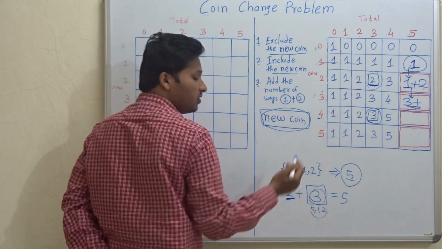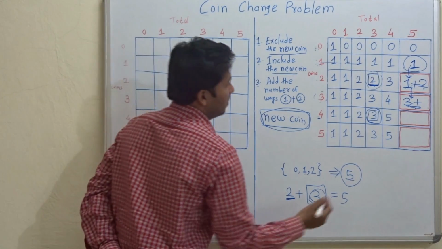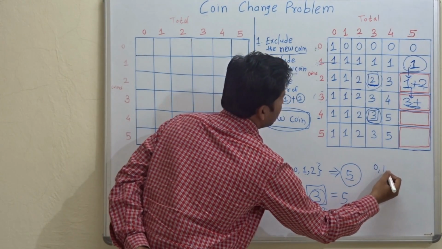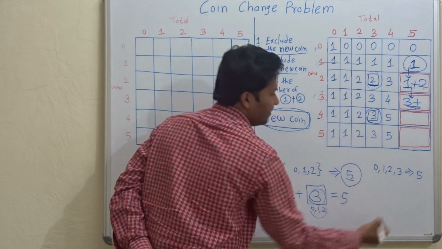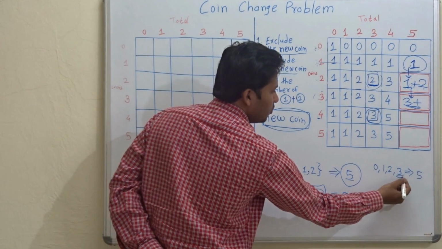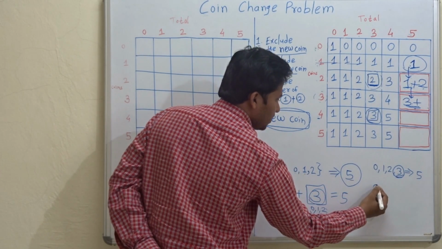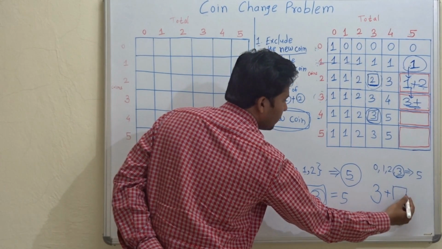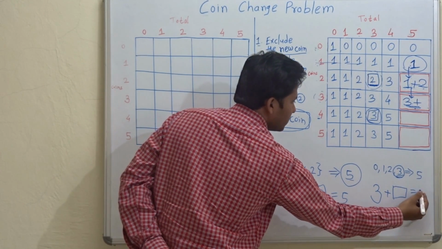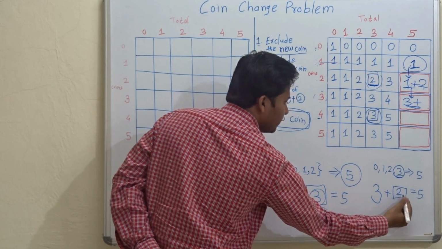If we include this coin, by using coins 0, 1, 2, 3 we have to form 5. Now when we use this coin 3, the remaining amount to make the total equal to 5 is 2.